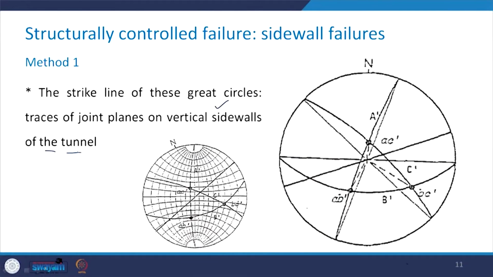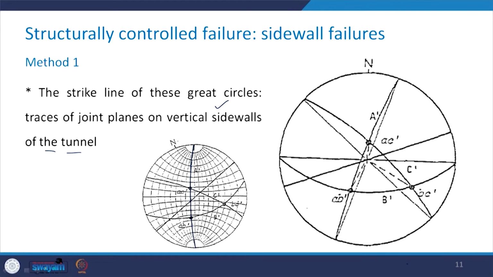Now, the strike lines of these great circles are going to give us the traces of joint planes on the vertical side walls of the tunnel. Take a look here. See, in this figure we showed the construction of the great circle which was passing through the points AC prime and AB prime.